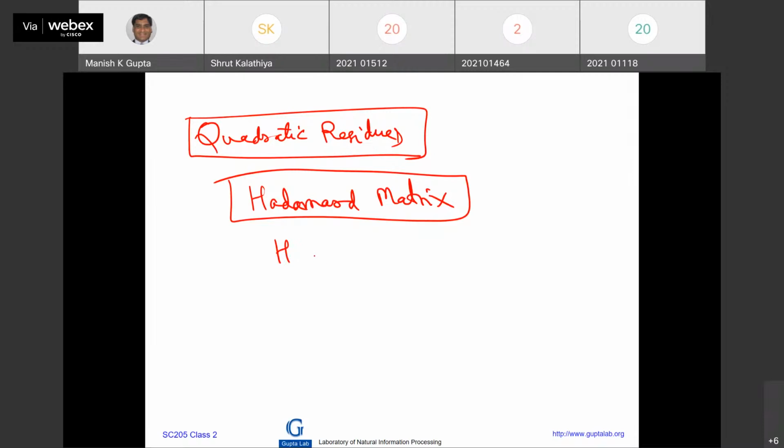H is an n by n matrix with entries Hij equal to plus 1 or minus 1, such that H transpose H is equal to n I. All these matrices with entries plus 1 or minus 1 are known as Hadamard matrices.